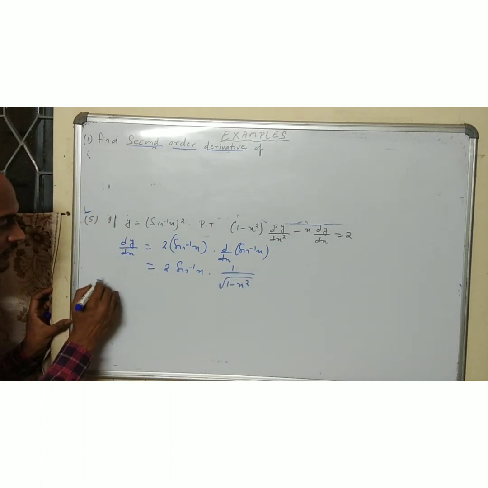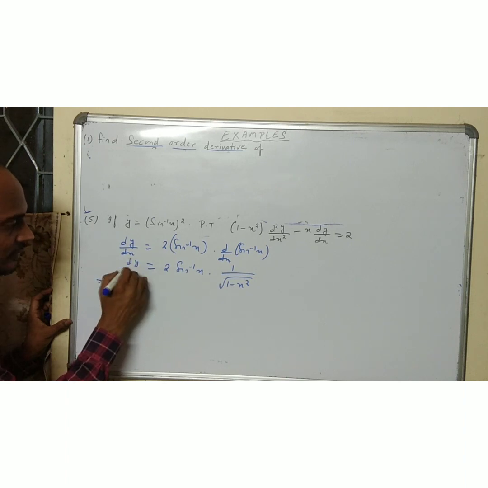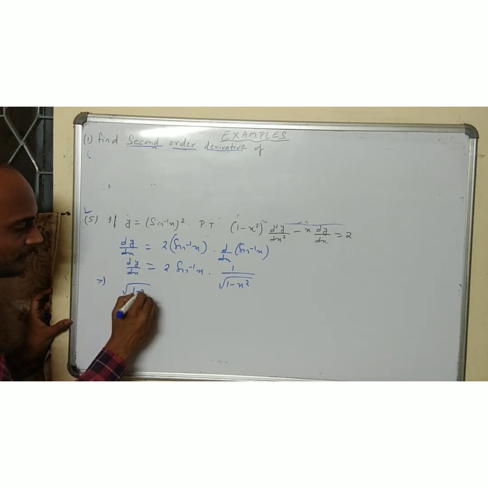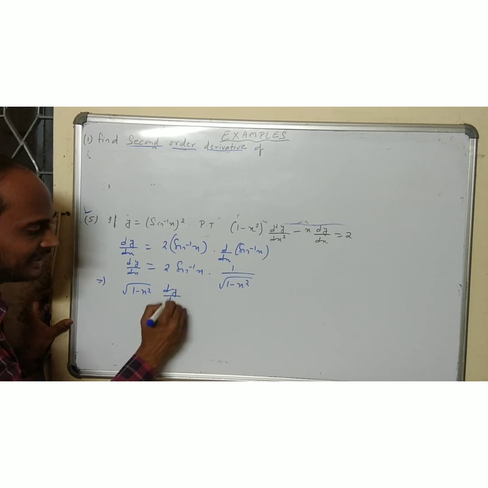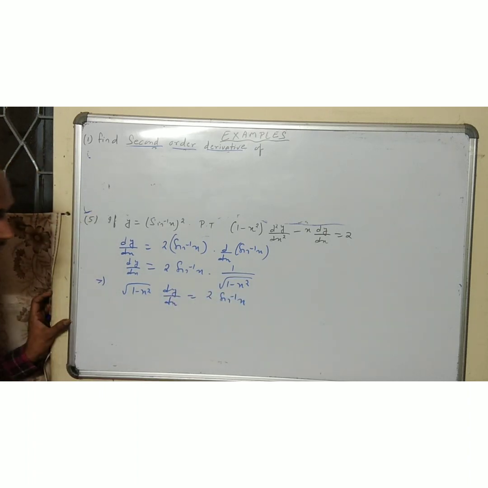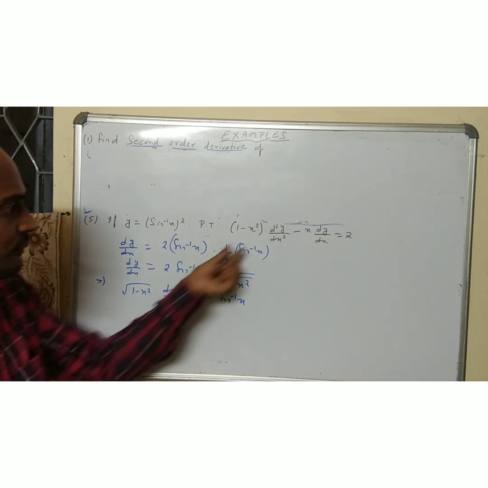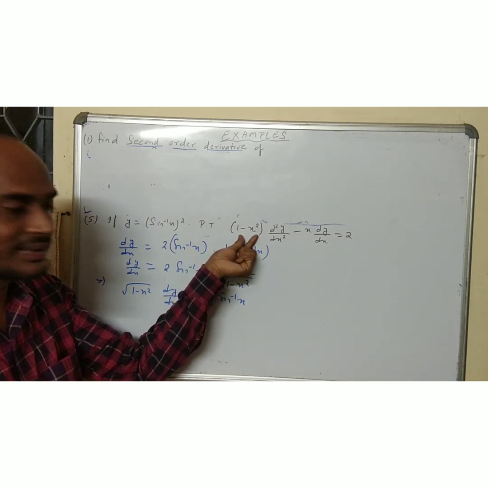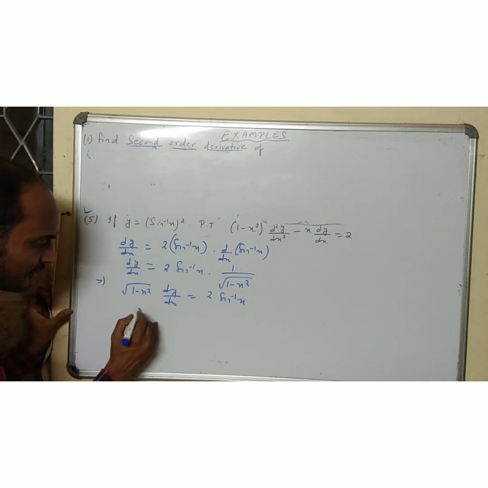Then you take this root over 1 minus x square to the left hand side. So root over (1 minus x square) into dy by dx is equal to 2 sine inverse of x. In this question also we need to prove in terms of 1 minus x square, and the root is not there, so again you take the square of both the sides.